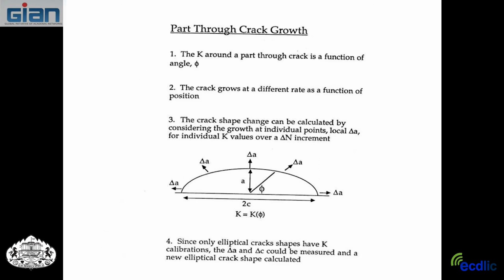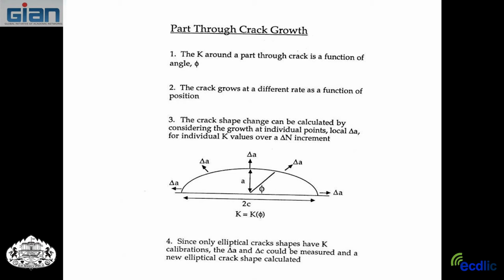So as a consequence, when you have a long, narrow crack under pure tension, K is much higher here than it is there. If you have a fatigue situation, the crack wants to grow faster here than it does here. And if it grows faster here, eventually you get to the point where A over C is 1, a semicircular crack. And when that's 1, then you have sine squared plus cosine squared, which all you know from trigonometry is an identity.